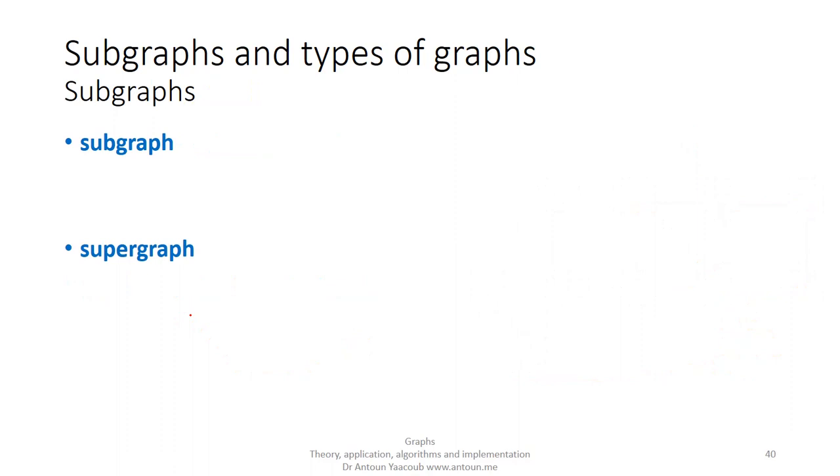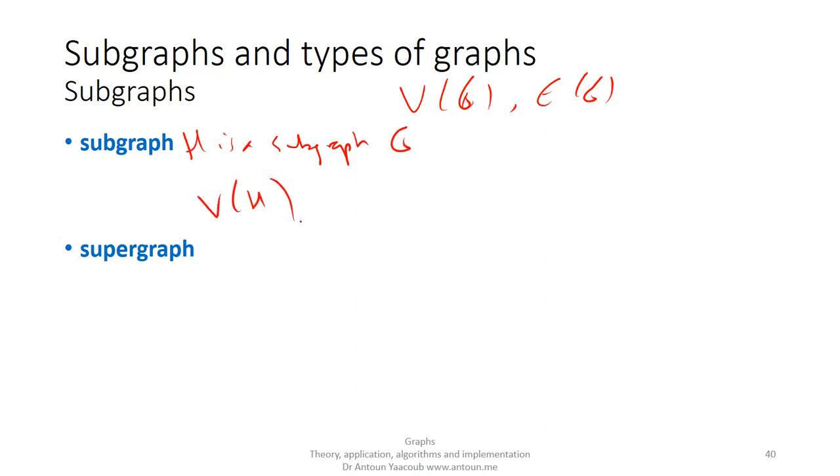As for the subgraph, we know that a graph has 2 sets, the set of vertices and the set of edges. So a subgraph of G is obviously a subset. If a graph has a vertex set and an edge set, and let's say that H is a subgraph of G, obviously it has a vertex set and an edge set.